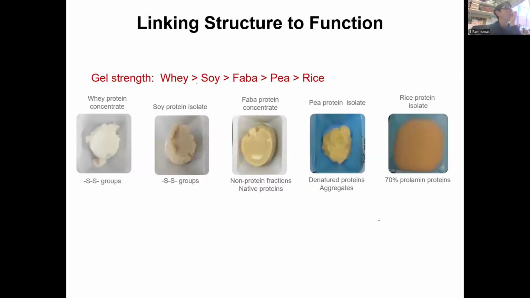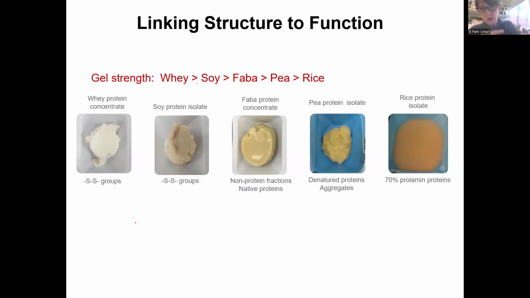And here are examples of different types of protein. Whey protein is not a large molecular weight protein. It is 18 kilodalton for beta-lactoglobulin and 14 kilodalton for alpha-lactalbumin. However, it forms a stronger gel at a lower concentration than soy protein. Why? Because of its disulfide interchange and the free sulfhydryl group in beta-lactoglobulin that really helps.